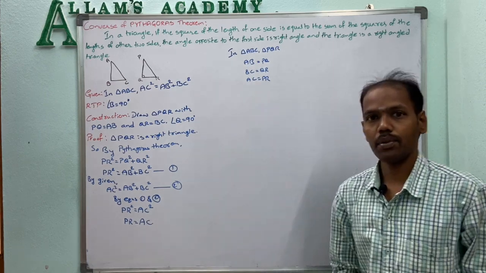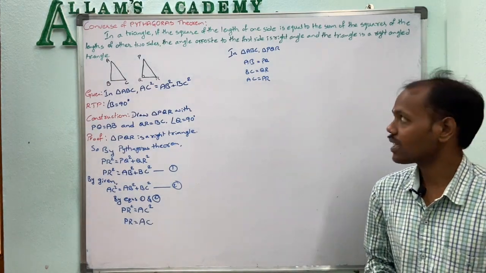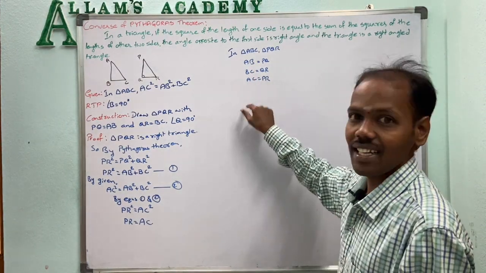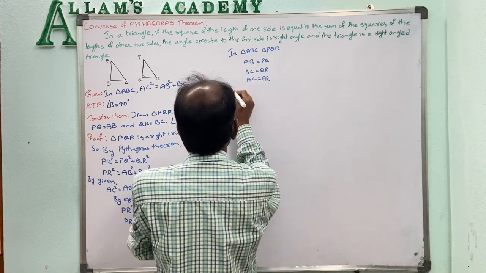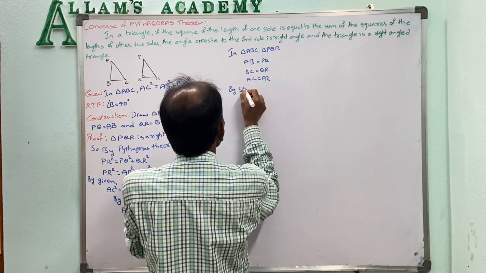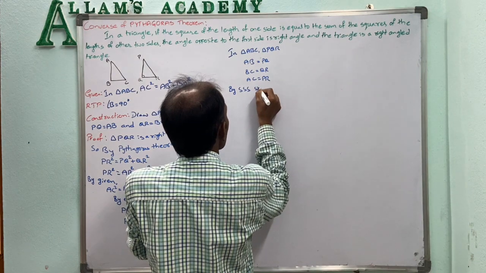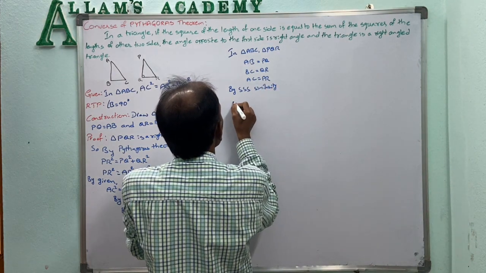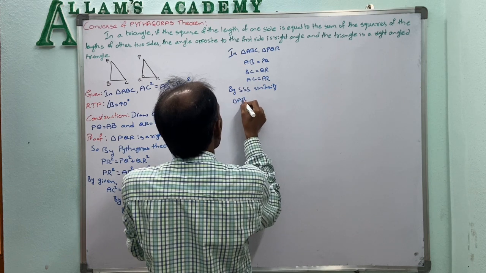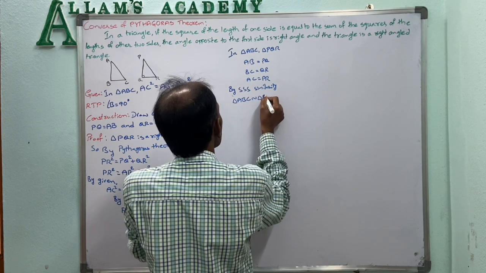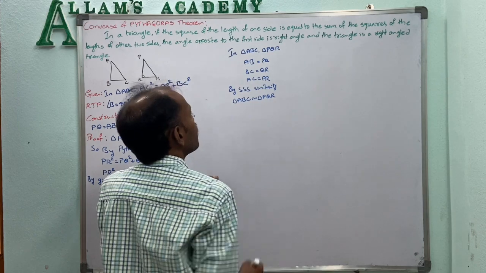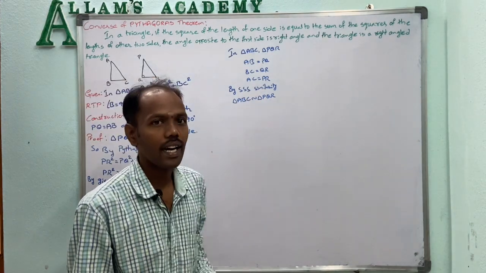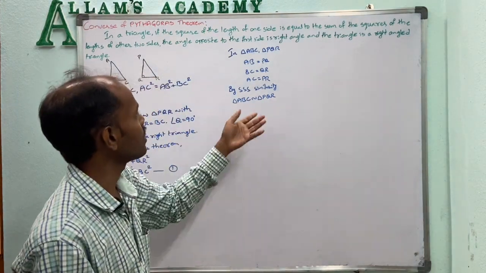Now, observe that the three sides' lengths are equal. So by SSS similarity, triangle ABC is similar to triangle PQR. Otherwise we can apply the congruence rule also.